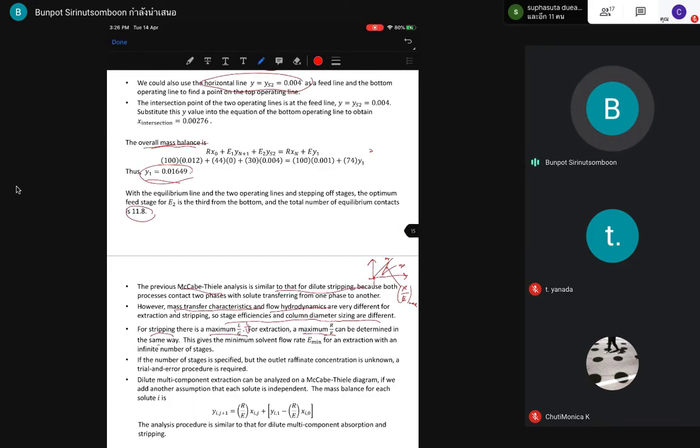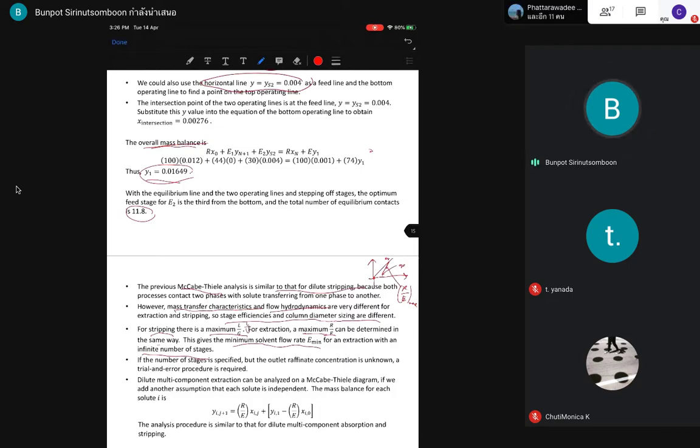Maximum R over E gives you the minimum solvent flow rate, with an infinite number of stages. So E min is the minimum solvent flow rate that you can go; you cannot go lower than this. Even at this point, theoretically, it means you use an infinite number of stages. So this is the theoretical limit for your liquid extraction.